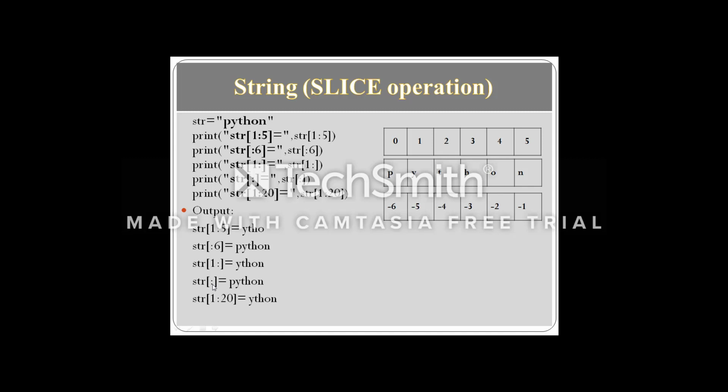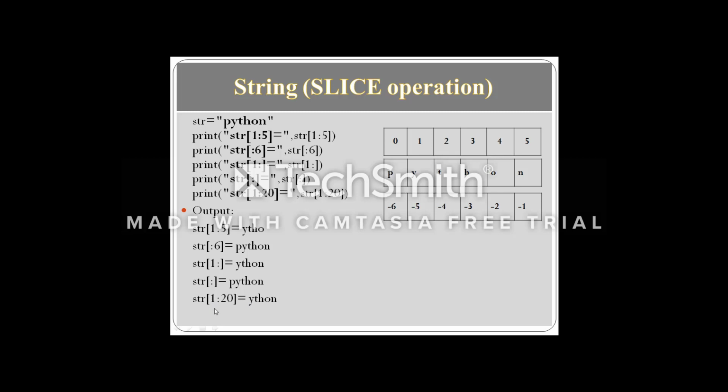In that case, there is no restriction, and the user can access from the 0 index position up to the last index position of the string. Therefore, the total answer is Python.